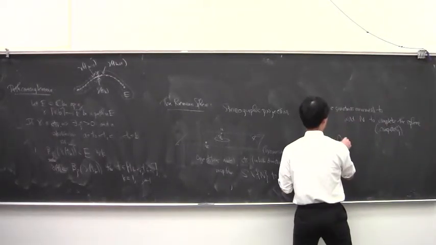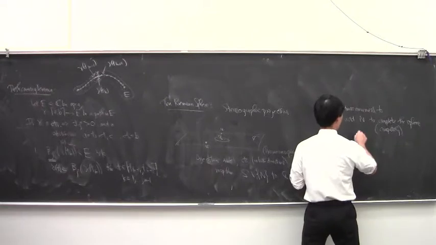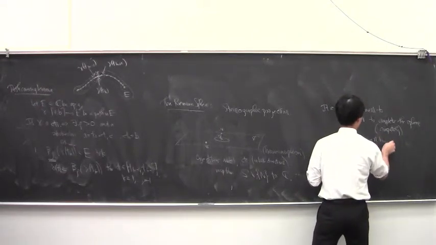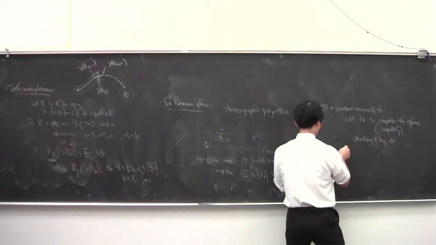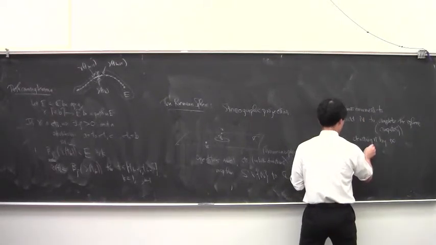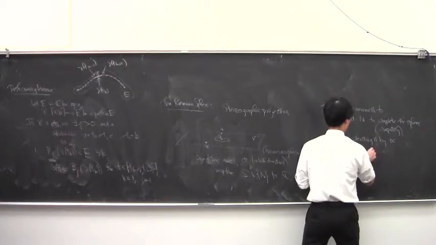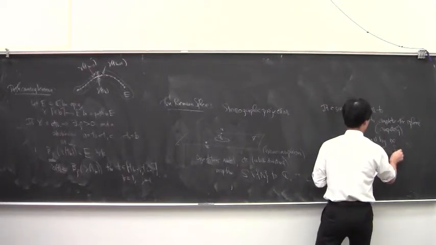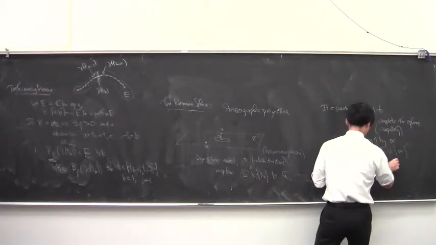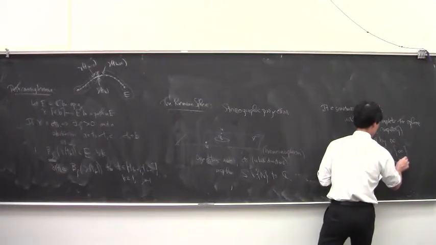Denoting it by infinity. Okay. And one calls this set, C union the North Pole, the extended complex numbers, the extended complex plane.